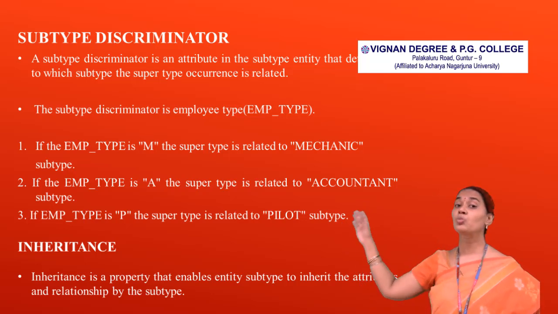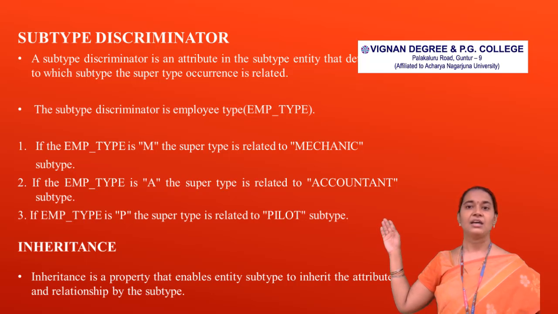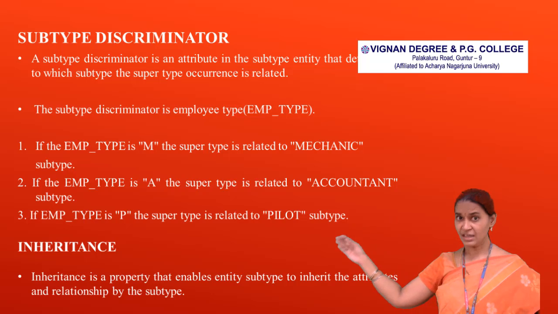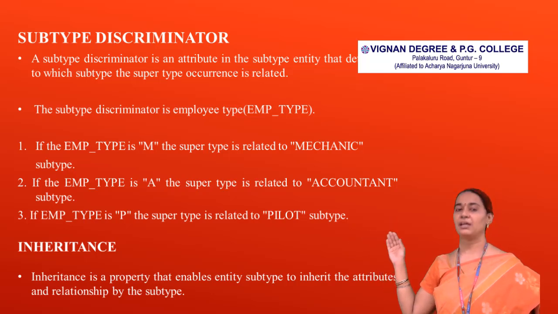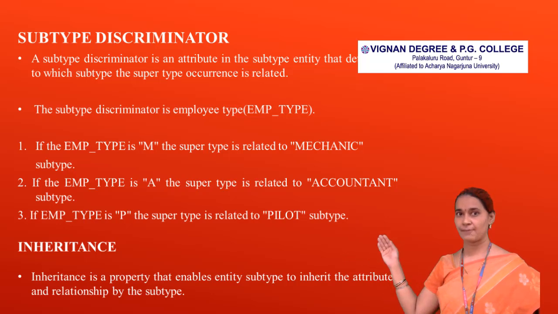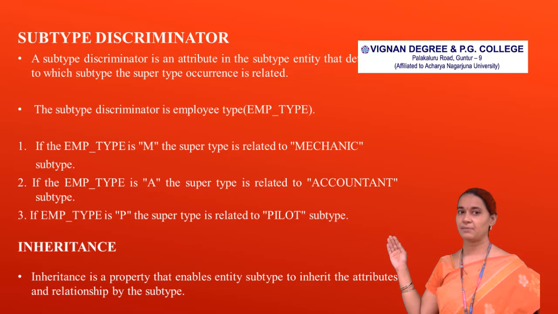An entity supertype can be called a disjoint or overlapping constraint when the subtypes contain unique subsets of a supertype. Let me tell it again. An entity supertype can have disjoint or overlapping subtypes when it contains a unique subset of the supertype entities.